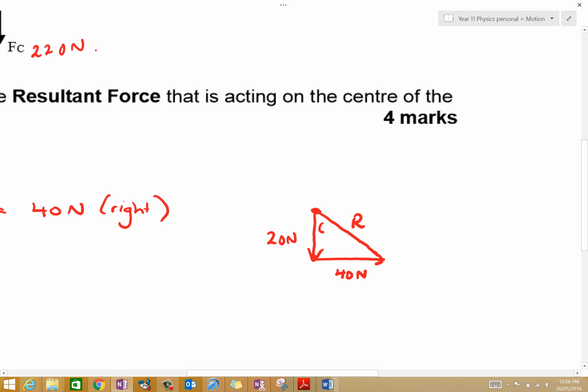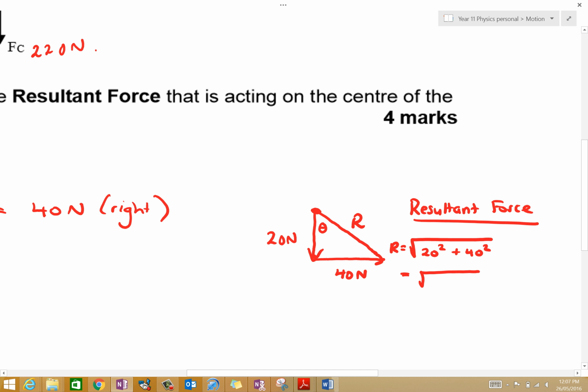Now, it would make sense that to work out the angle, we could use Pythag. So therefore, we can say that the resultant force, using Pythag, and I'm skipping a step here, is equal to the square root of 20 squared plus 40 squared, which, 40 squared is 1600, so that's the square root of 2000 newtons.